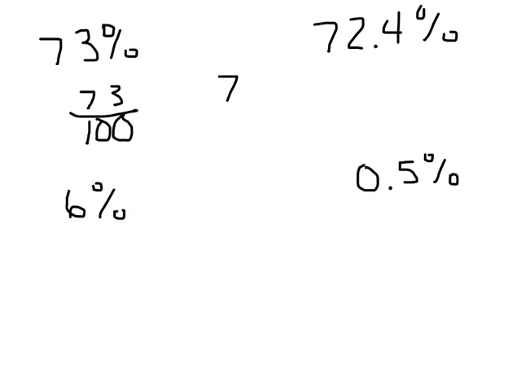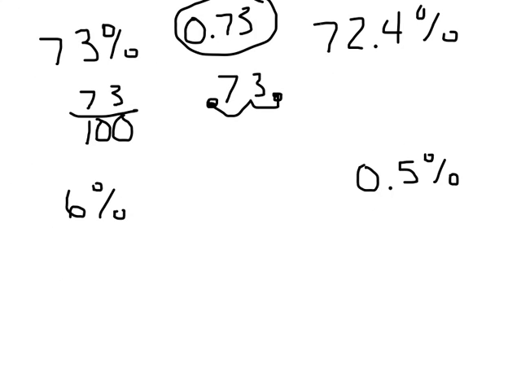This means that the decimal point appears to move once, twice to the left, and so 73% is the same as 73 hundredths, 0.73. To convert a percent to a decimal, we can divide by 100, or move the decimal twice to the left. Let's do another example.